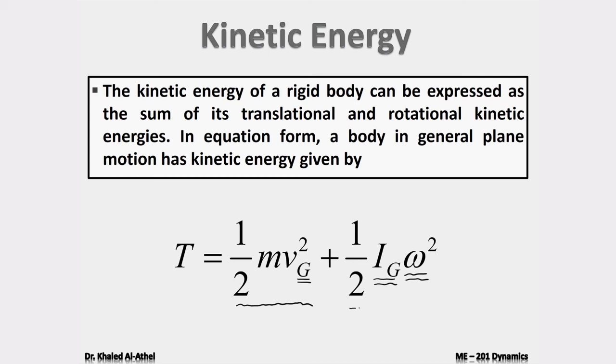Therefore, we end up with half IG omega squared. So this shows you the kinetic energy in equation form for a body in general plane motion. What do we mean by general plane motion? That the rotations and the velocities are happening in the 2D plane, and this is the equation that we get.